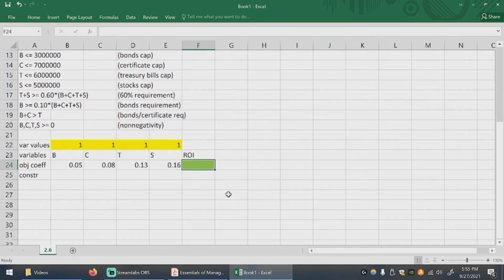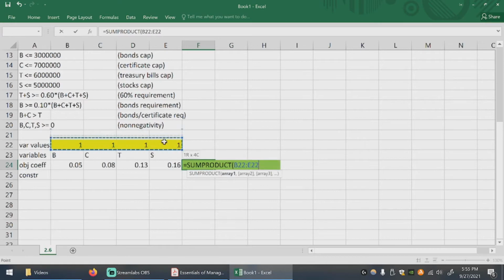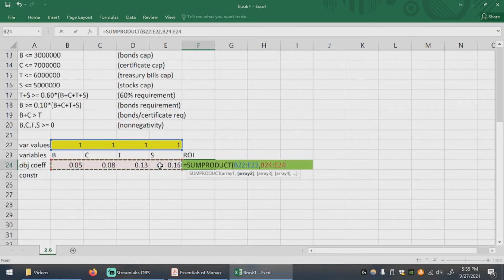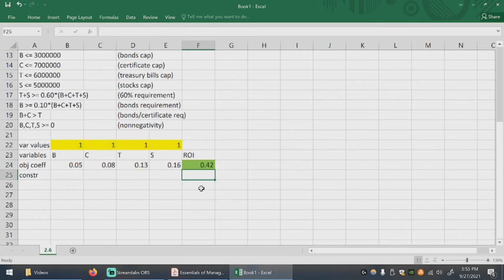Let's put a formula in this one. Now you have options here. You can type it in. SUMPRODUCT, tab to complete, this grouping with this grouping, pair them up, multiply and add, done.